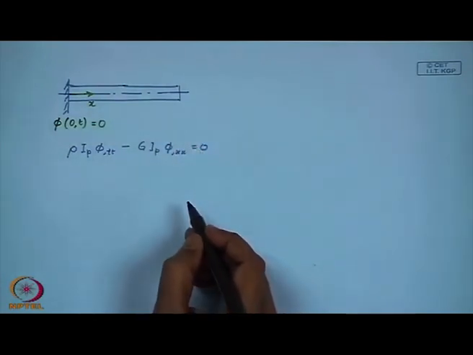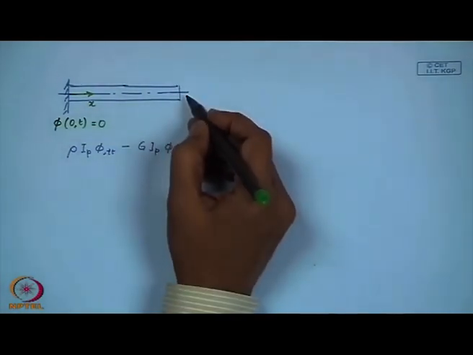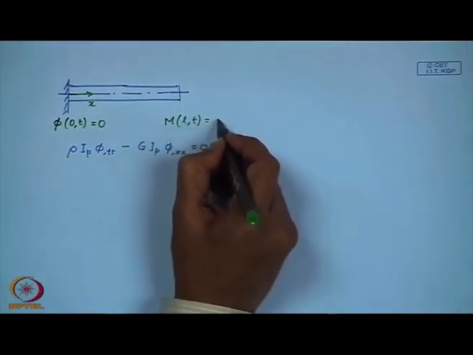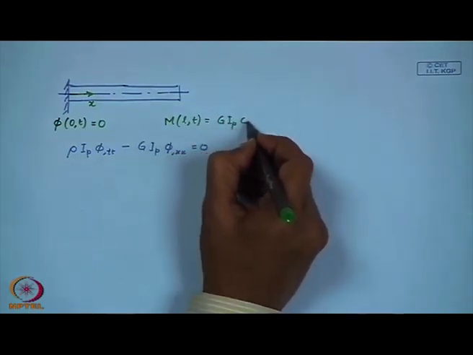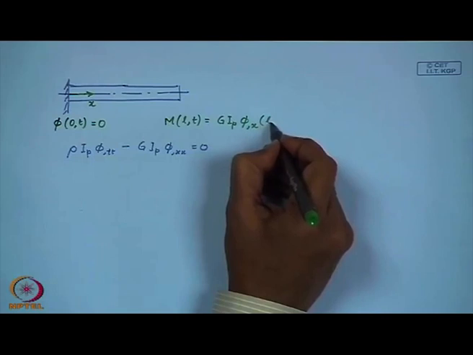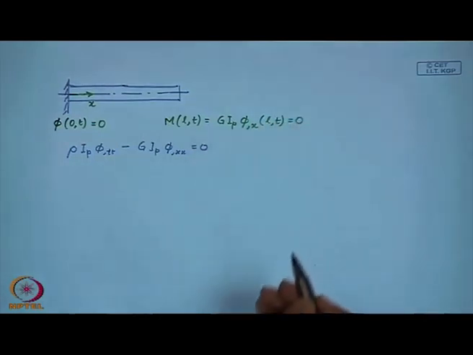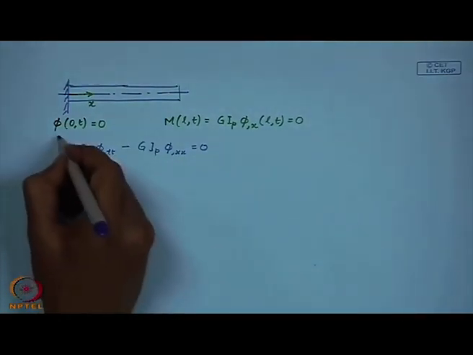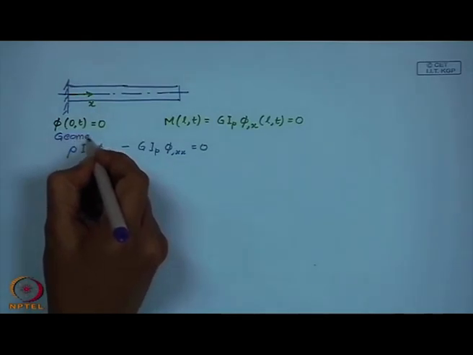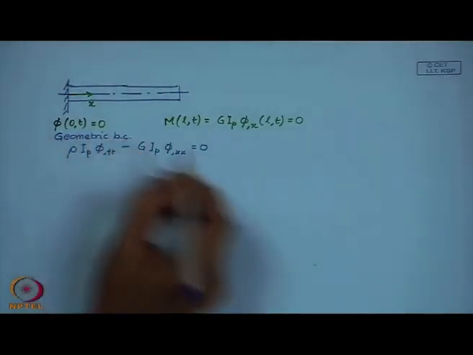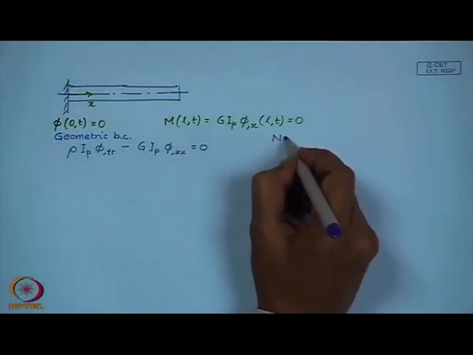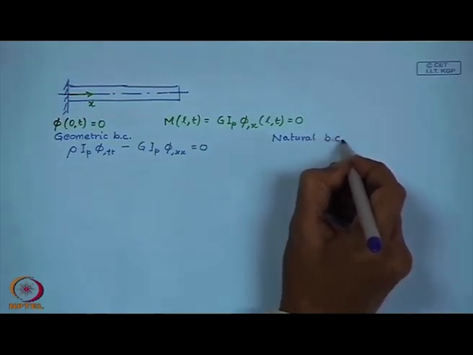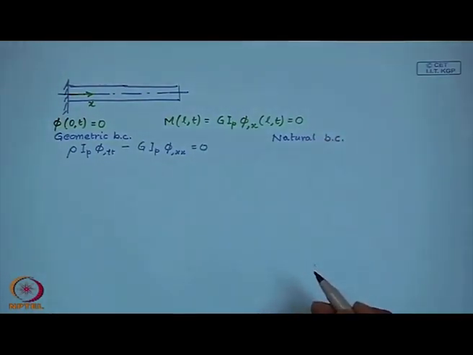On this end of the bar, the torque is 0, which is therefore given by this, whereas on the right end of the bar we have a natural boundary condition.